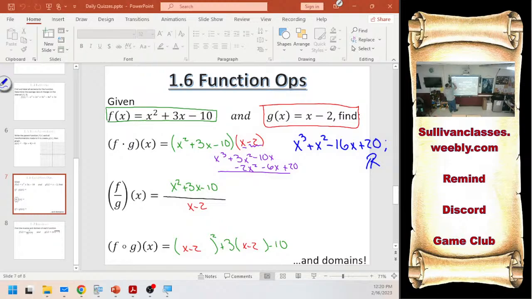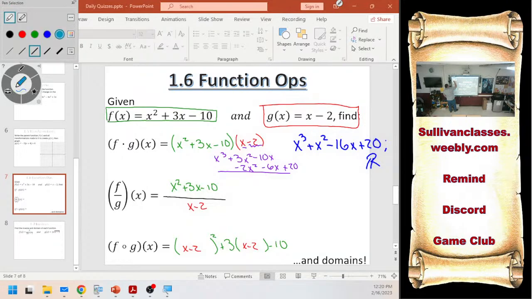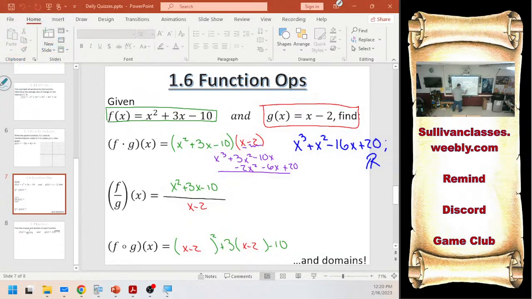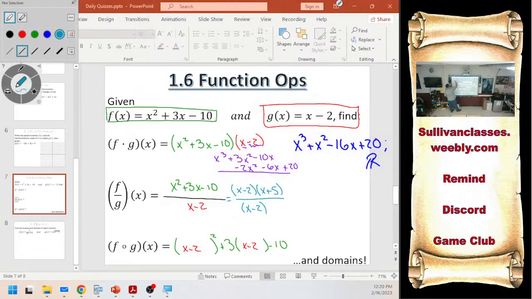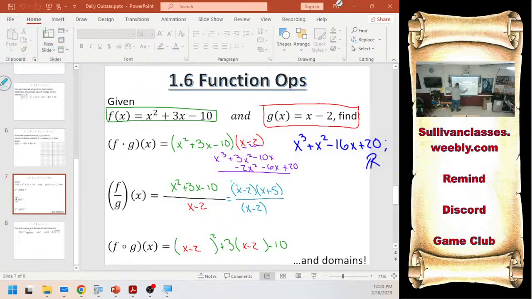Contestant 2. Whenever I see a rational function, factor, friggin' factor, that's x minus 2, x plus 5, x minus 2. Be super careful here. Yes, these will cancel.